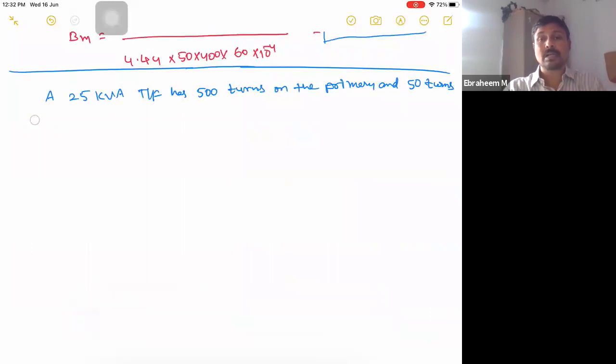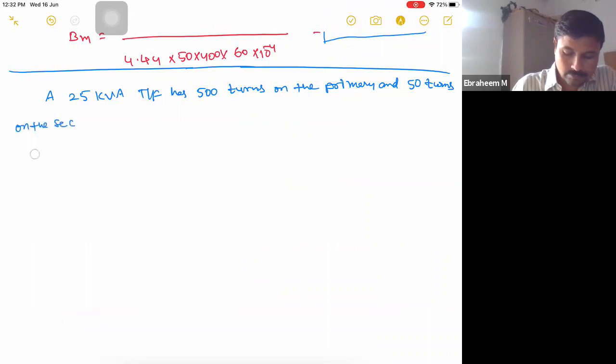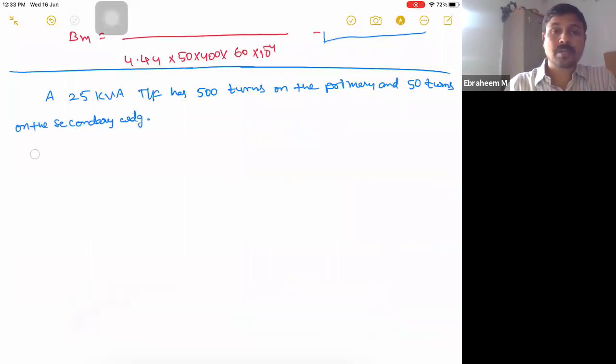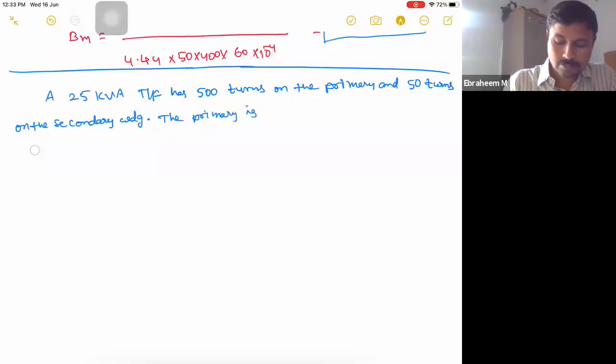So 50 turns on the secondary winding. The primary is connected to 3000 volts from a 50 hertz supply.